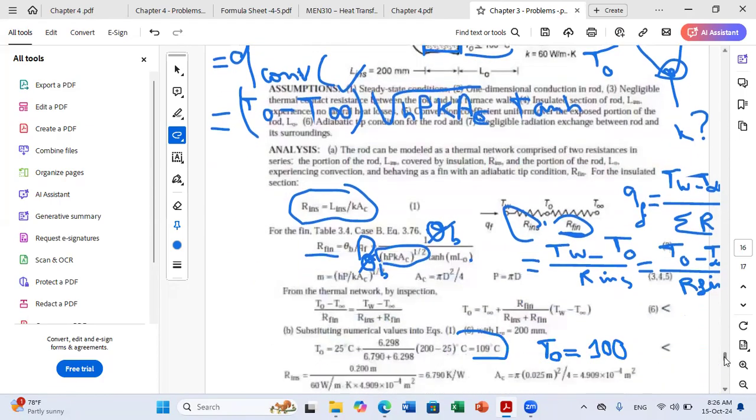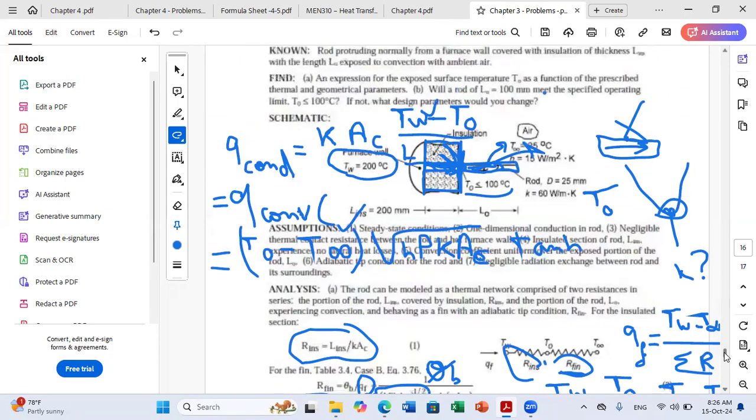Now, what can we do also? We can try to increase the length of the fin, okay? So you can do the following, as we did last time, if you remember. You can say, when the length tends to infinity, I can consider that I will approach the solution of a fin of infinite length, which is just Q fin equal theta base times radical HP KAC.